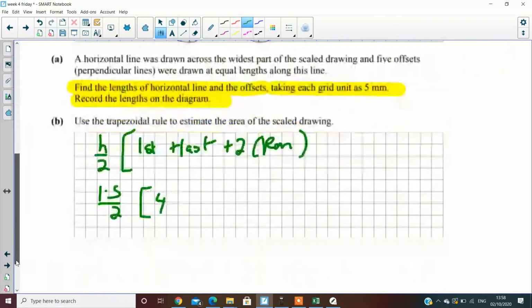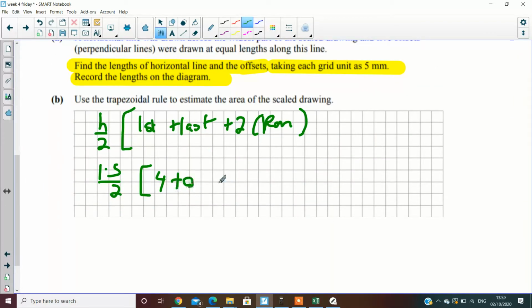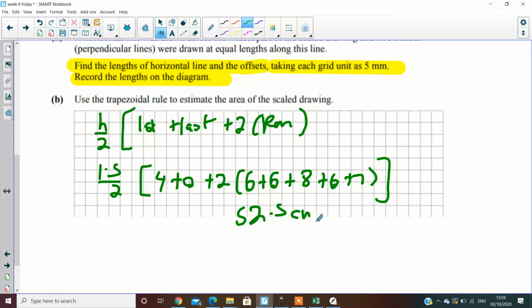So that's where a few of you would have turfed away some of your marks there. 2 times remaining, which is 6 plus 6 plus 8 plus 6 plus 7. Close it down and you're done. 52.5 centimeters squared.